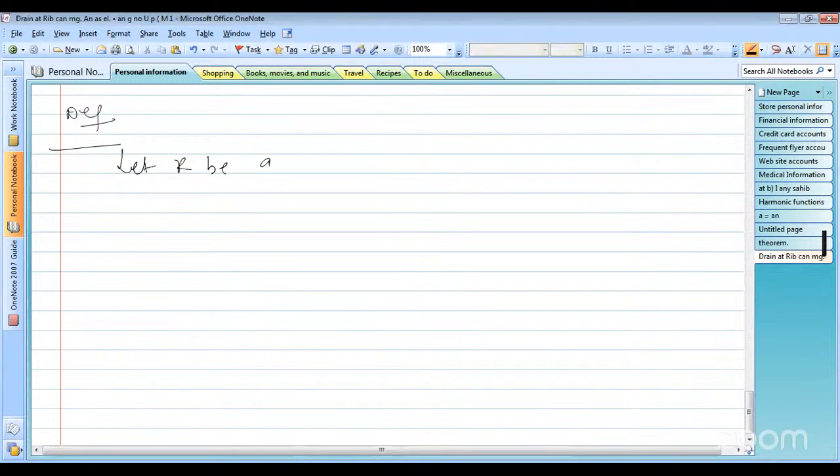Definition. Let R be any ring and M any module here.